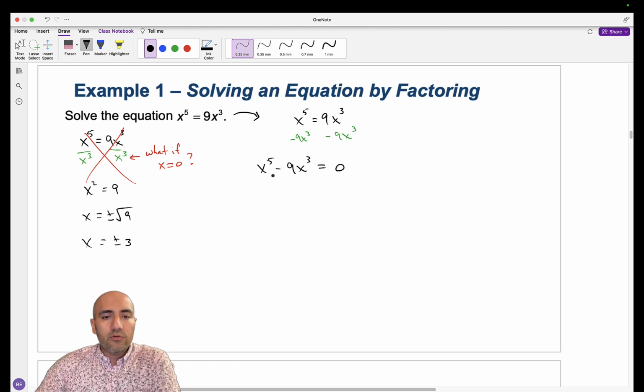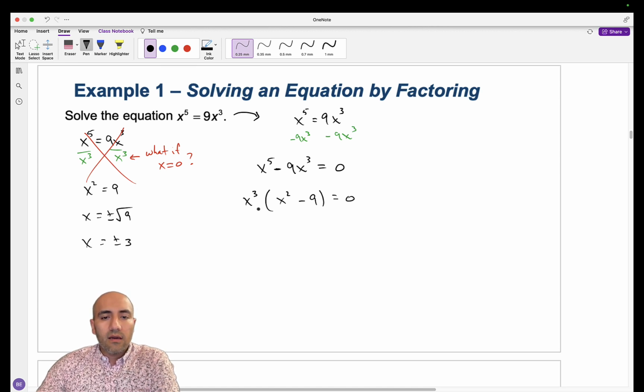Now we want to factor out the common terms so that we can rewrite this subtraction into a multiplication and then use the zero product property. Both terms share x to the third power, so I'm going to factor out an x to the third power, giving me x to the second power minus 9, which equals 0.